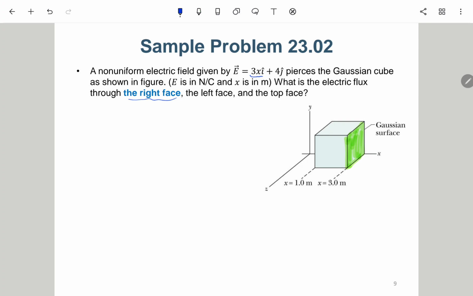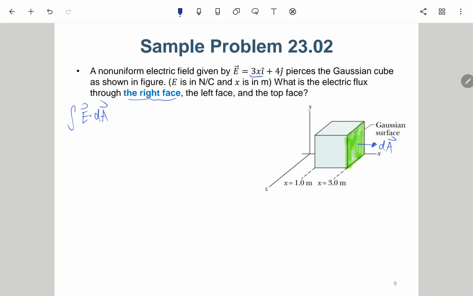Okay, so first of all, we would like to determine the direction of dA. dA is perpendicular and pointing outward, so dA should be pointing to the right side. In such a way, we would like to calculate the integration of E dot dA.